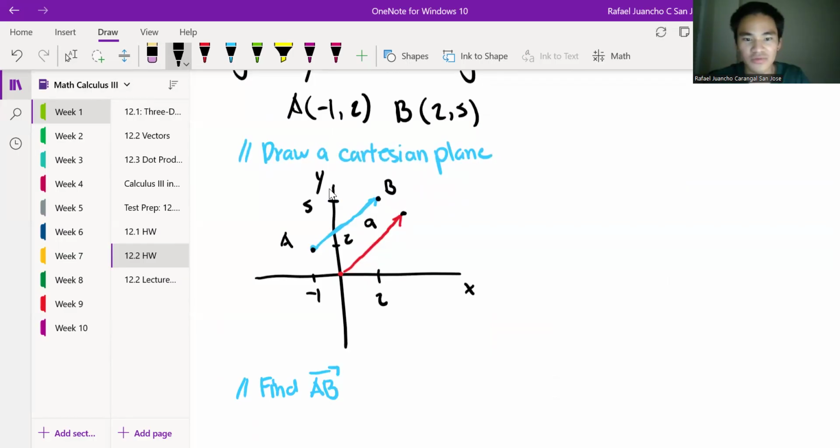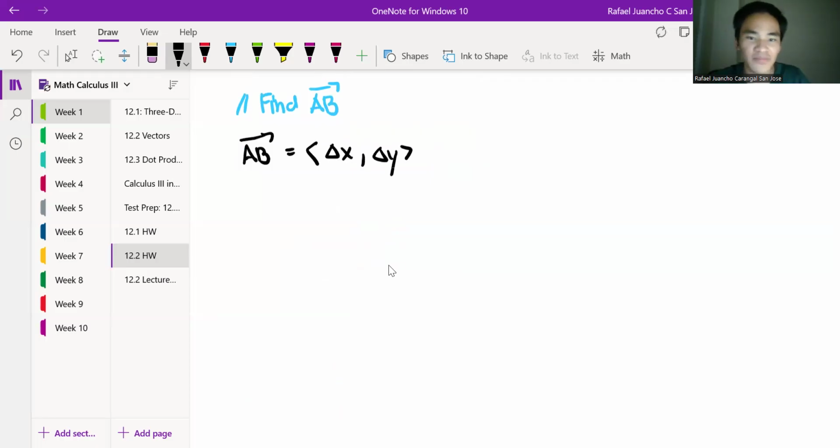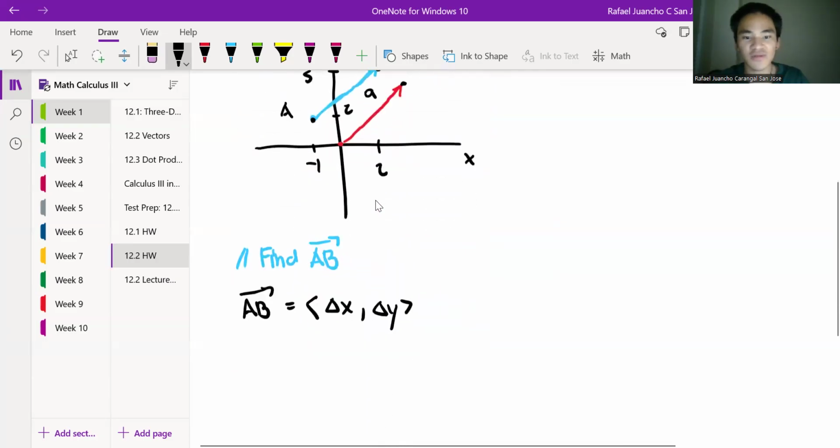Yeah, I'm pretty sure we just subtract. Then we should get something here. Because AB is just going to be that vector, some change in x and some change in y. Change in y is just 5 minus 2. Change in x is just 2 minus negative 1.